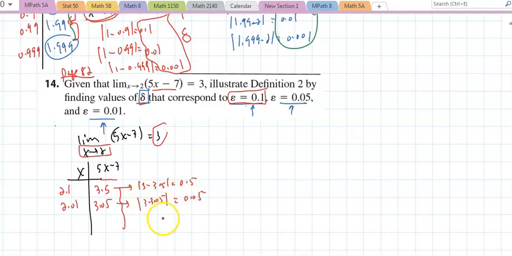I say, okay, well, I didn't hit a 0 point, but I hit this mark. So for this part right here, to have an epsilon of 0.01, I need delta to be what? The difference between those two, 0.01.